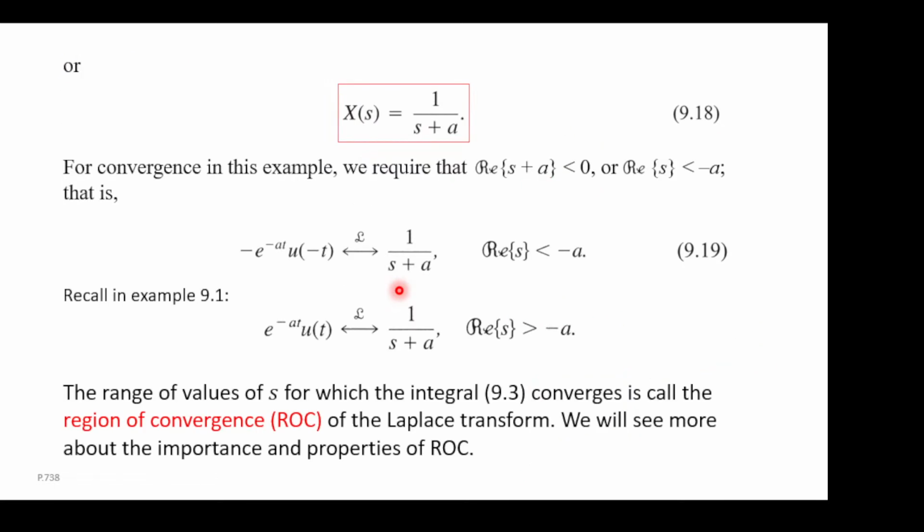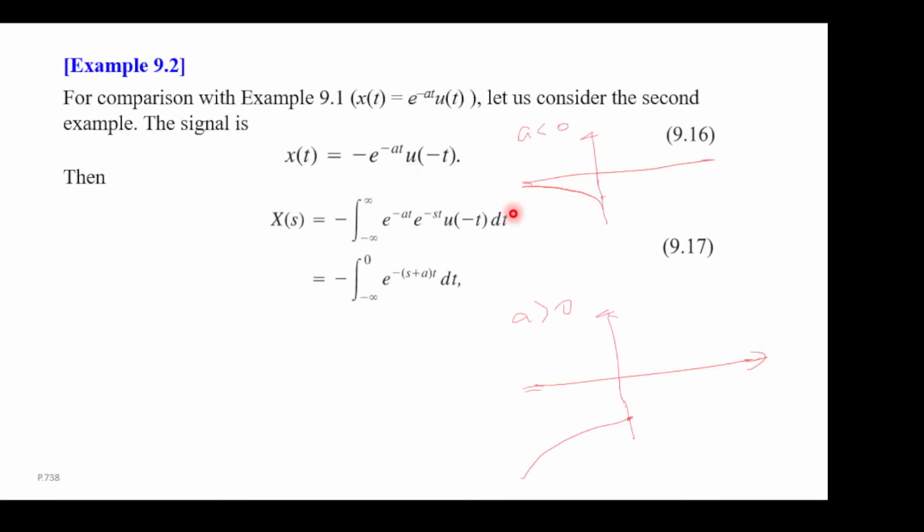So next we see a function that looks totally different. It is minus e to the minus a t, u of minus t. So this thing only converges, well, not quite converges, but only looks absolutely integrable if a is less than 0, and it's kind of an exponential decay toward negative t.